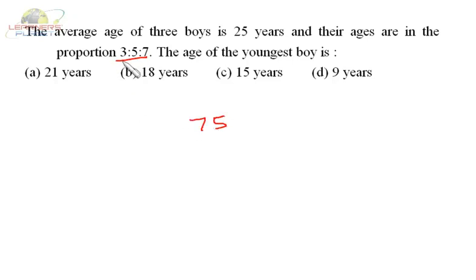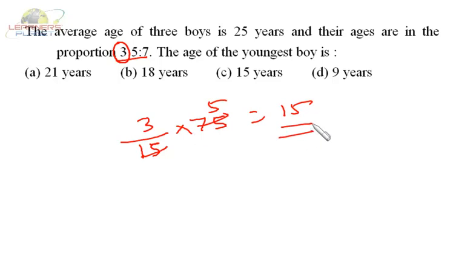Now we have to find out the age of the boy having the term 3. So it is total 7 plus 5, 12 plus 3, 15. If it is 3 out of 15, then from 75 it will be 15. Friends, as simple as that.